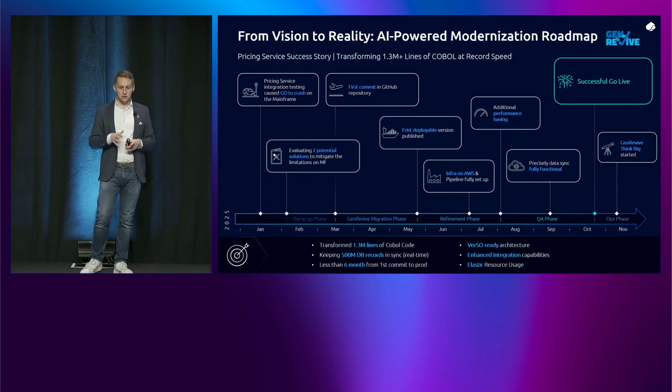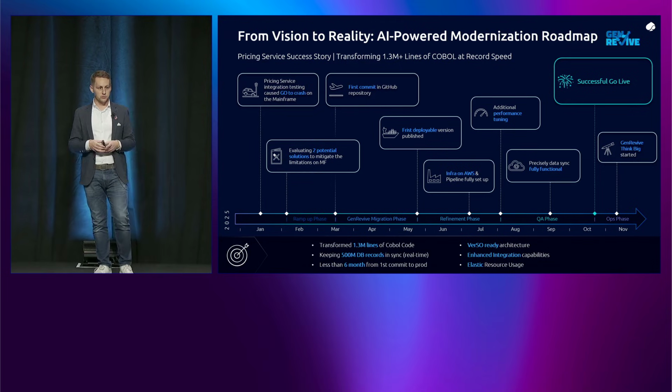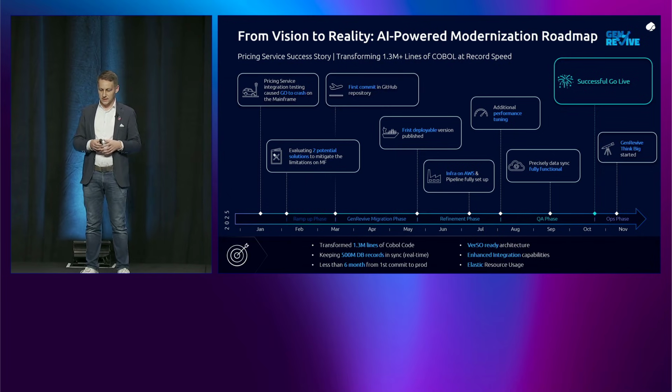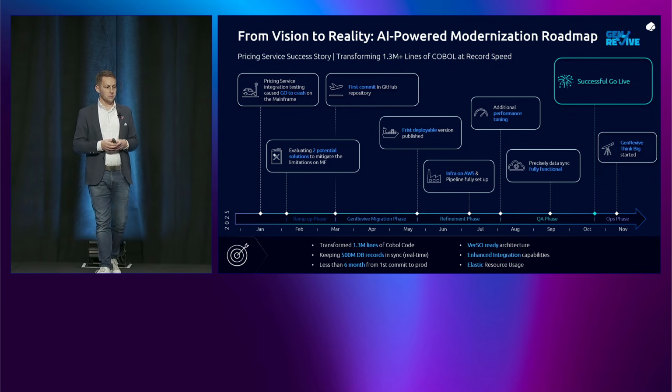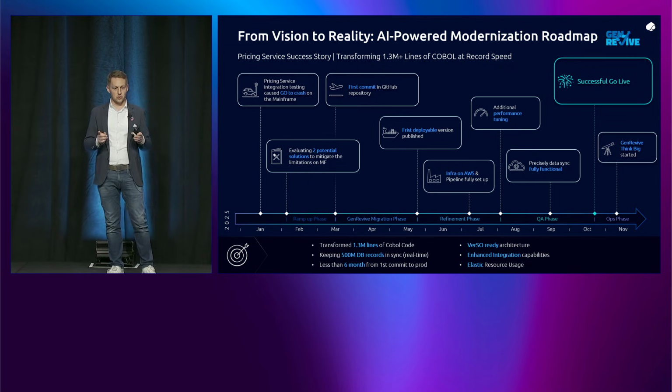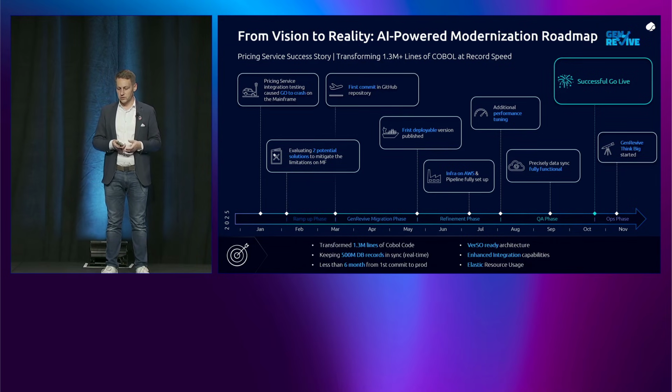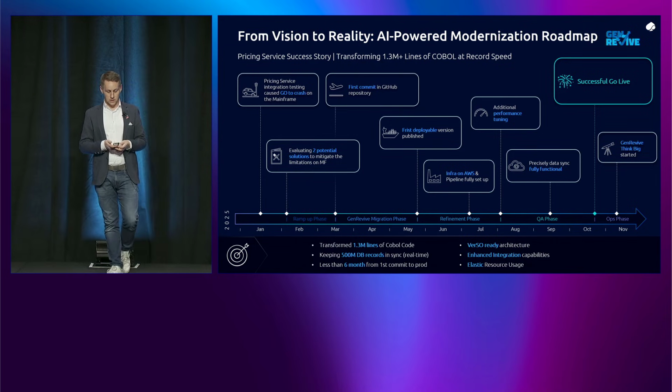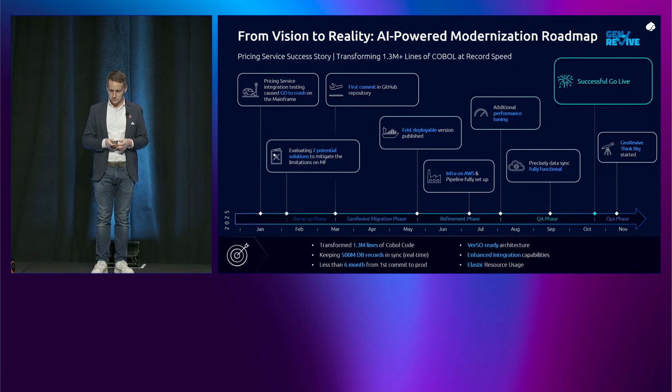So summing that story up, it's 1.3 million lines of COBOL code. It's also 500 megabytes of database records that are kept in sync in real time. So it's really a big achievement.